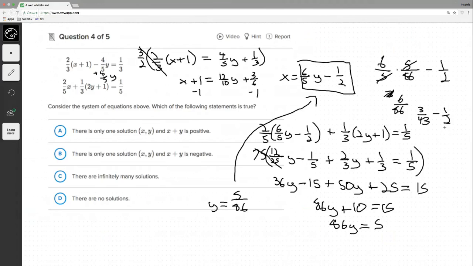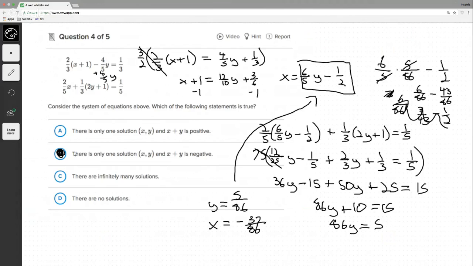And that would be, actually, you know what? I should have done this like this. Let's go back to this. So 6/86 minus 43/86. So that's negative 37/86. X equals 7/86. Therefore, we know that I did it like this because now we know x plus y is actually negative.